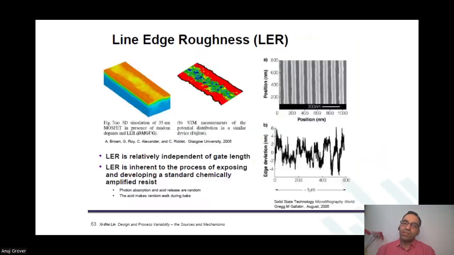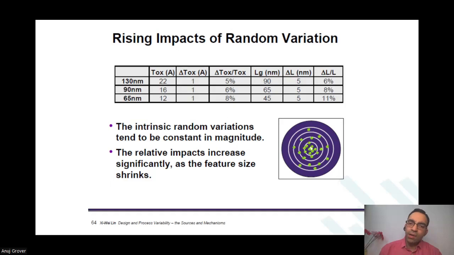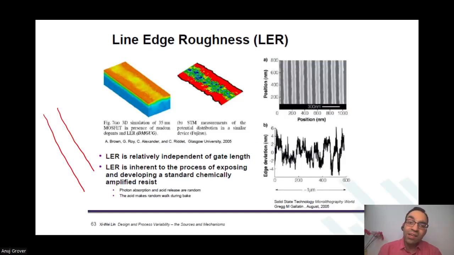Another random variation is line edge roughness. What does line edge roughness mean? Line edge roughness means that you wanted to design a poly which is of one particular width throughout. Whereas poly in itself is a polycrystalline material, so there are crystals there.